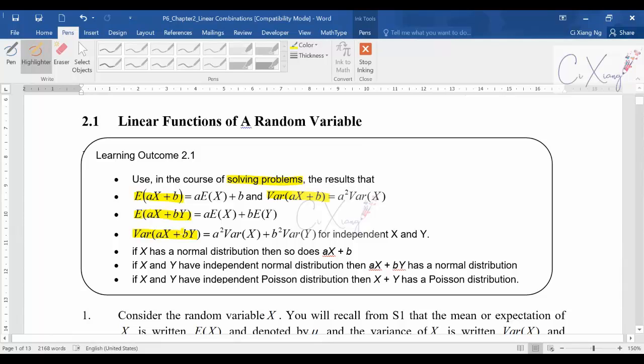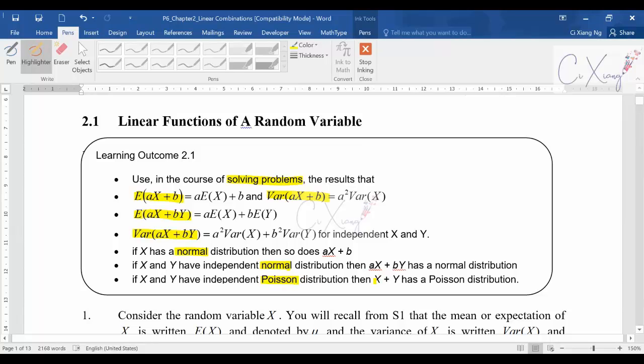All right, and besides knowing how to use the mean and variance to solve the problem, you also need to know that we focus on a few distributions here. Generally we will focus more on normal distribution, and also Poisson. For the Poisson part, we learned it in the last video already.